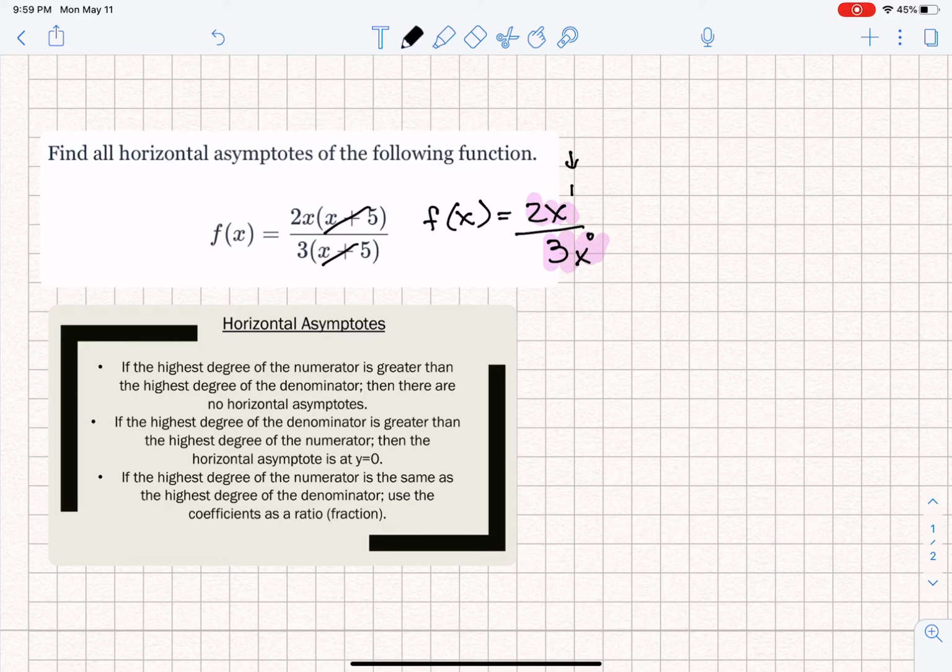Well, this one's bigger, right? So is the highest degree of the numerator greater than the denominator? Yes. Okay, because this one is greater than that one. So that means I would have no horizontal asymptotes.